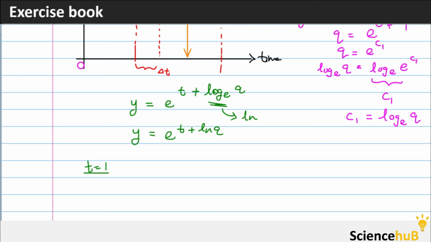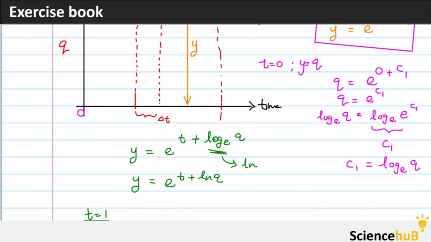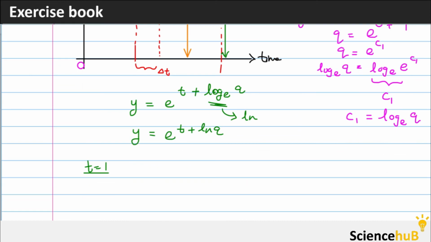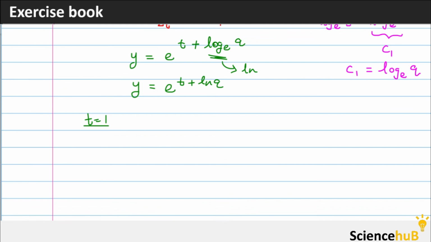That means after 1 year, what is the value I get? We will mark this quantity as capital Q. Now capital Q is equal to e to the power 1 plus ln Q.